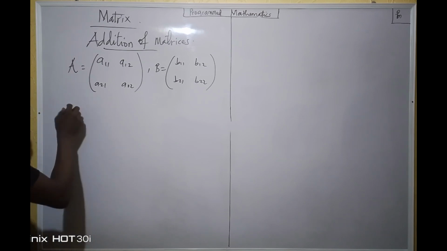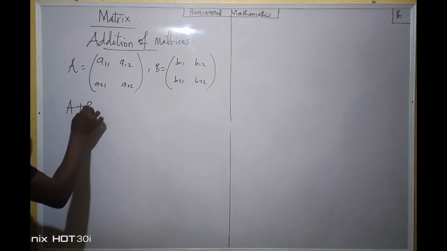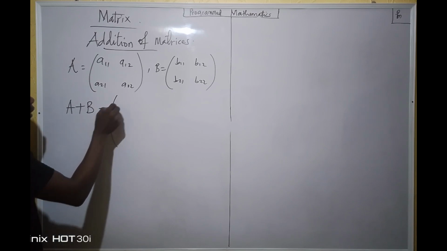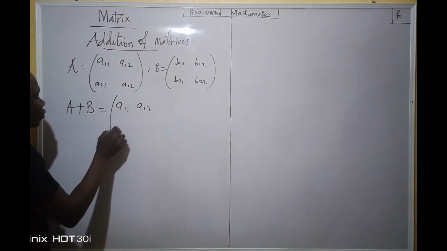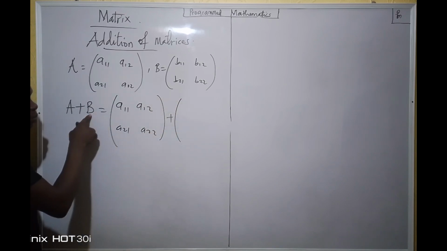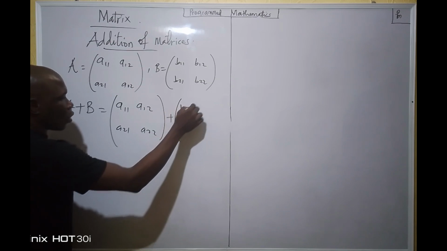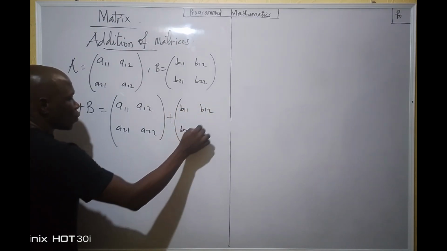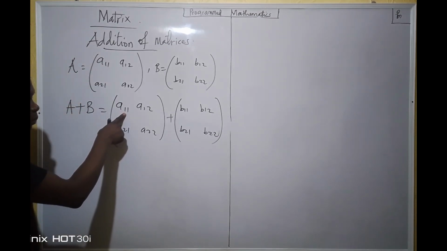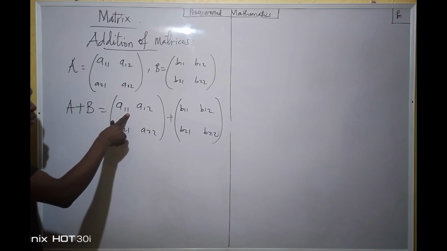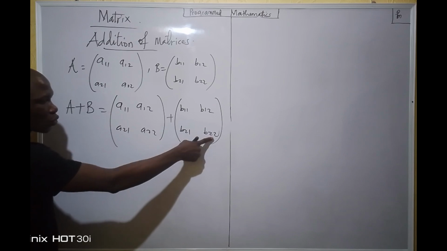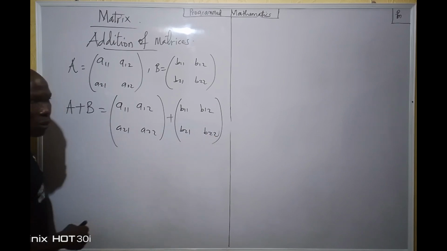So if I'm to find matrix A plus B, A comes first, so I have A11, A12, A21, A22 being added to the second matrix B, B11, B12, B21, and B22. If you have not forgotten, A11 simply means the element on the first row, first column. A12 is the element on the first row, second column, in that order. B22 means the element on the second row, second column.